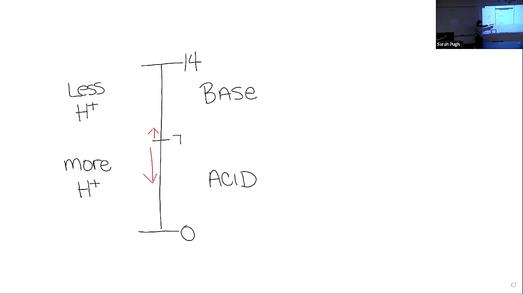And a blood buffer acts like a sponge and soaks up the extra hydrogens, gets them out of solution to bring you back to where you should be. So blood buffers are either adding in the extra hydrogens if you need them, if you become too basic, or soaking up the hydrogens if you have too many. Okay, so it's going to either add extra or soak them up, depending on what you need. So that's why I think of a buffer as like a hydrogen ion sponge.